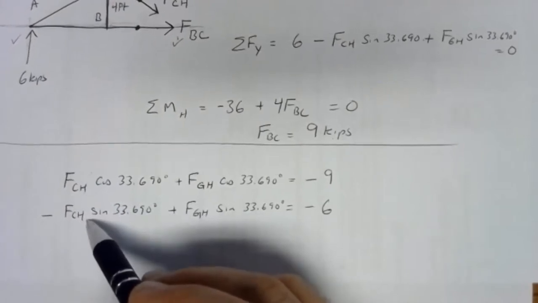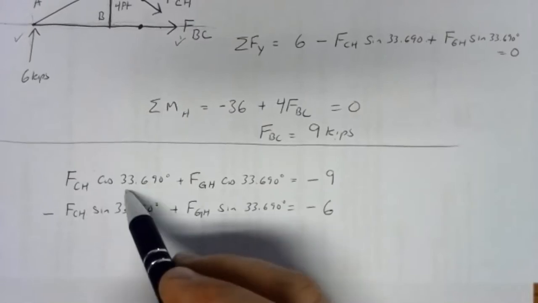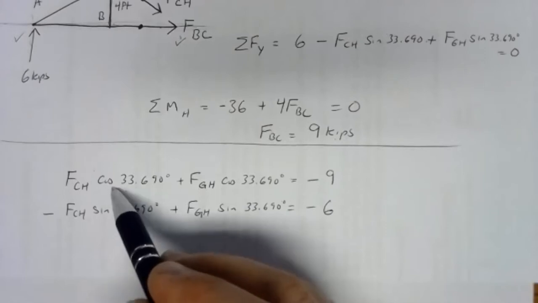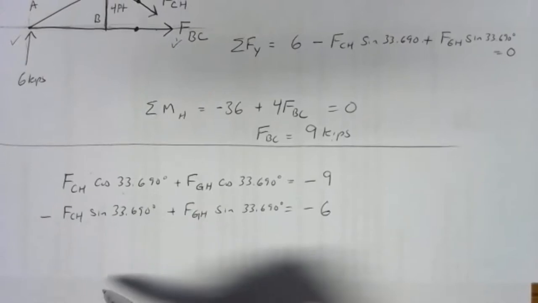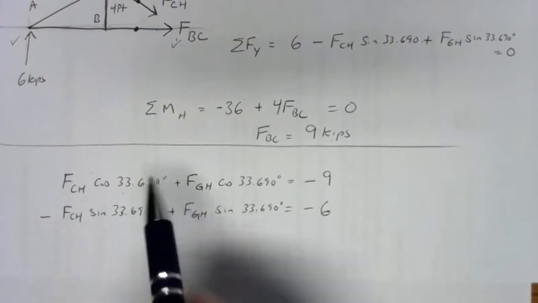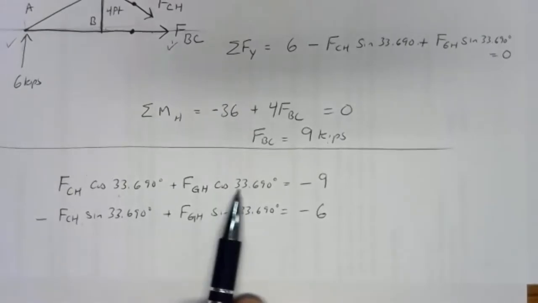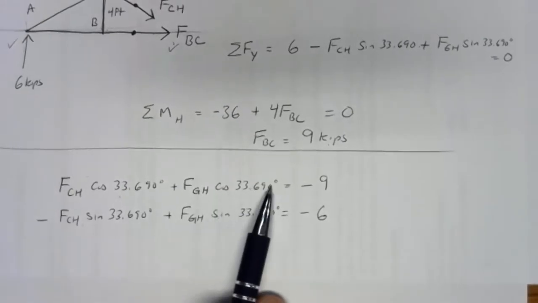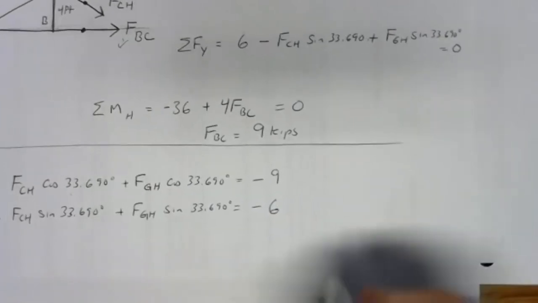We just have to make the coefficients the same, and the easiest way is to just divide out the coefficient you've got. So in the top equation, we'll divide through by the cosine of 33.690. And it just so happens that we have exactly the same term here, cosine 33.690. So the only thing that's going to be ugly is this negative 9 divided by cosine of 33.690.